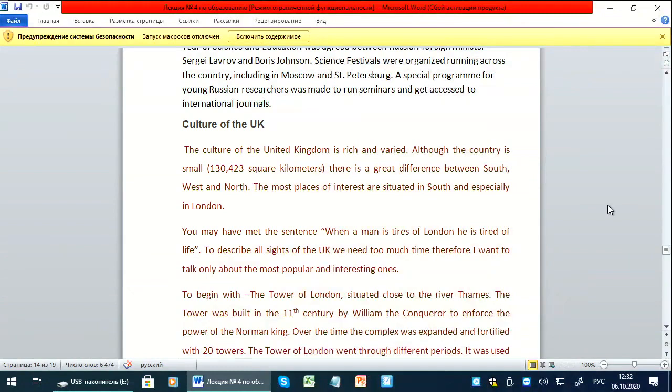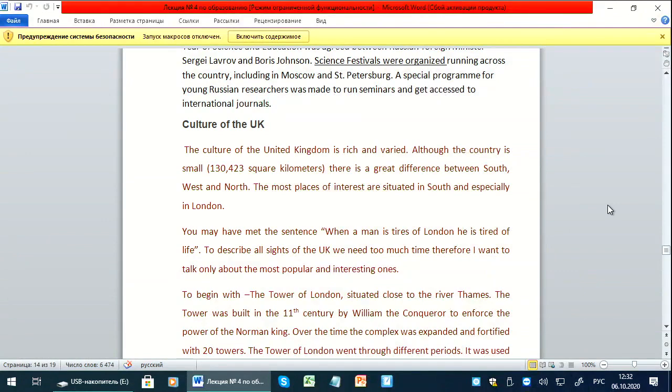To describe all sides of the UK, we need too much time, even to describe all sides of London. Therefore, I want to talk only about the most popular and interesting ones.